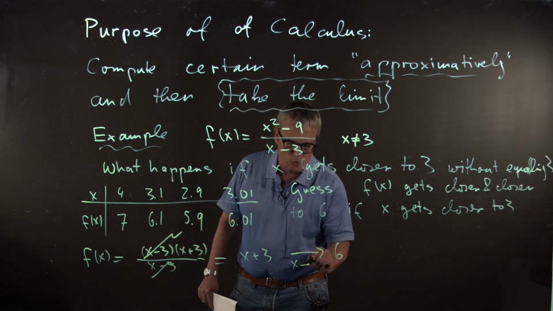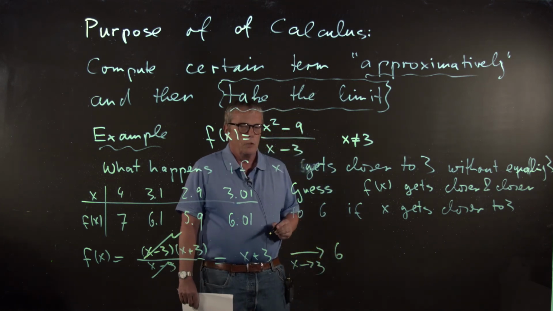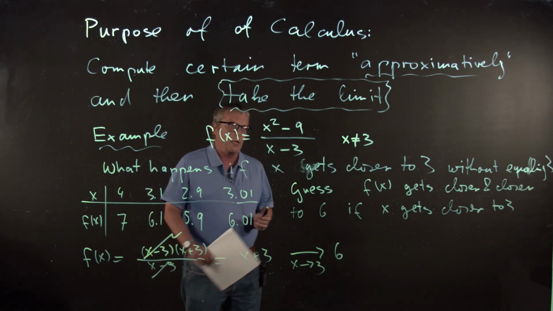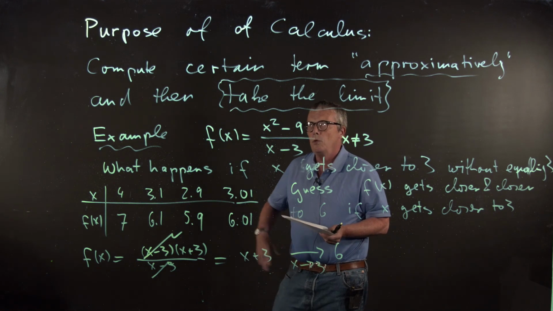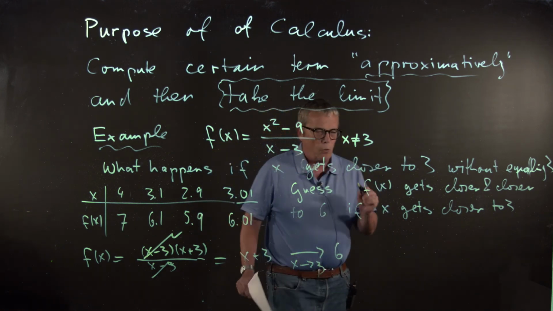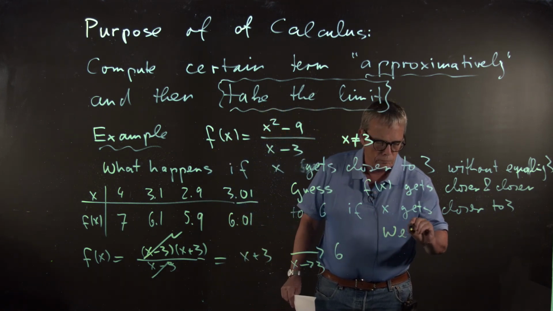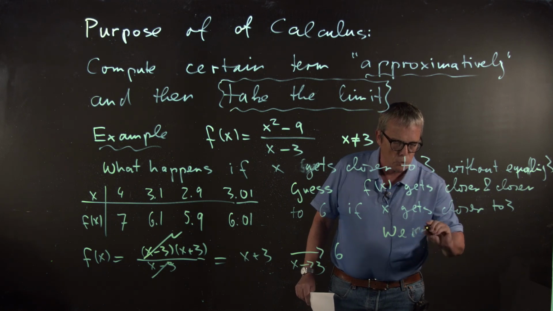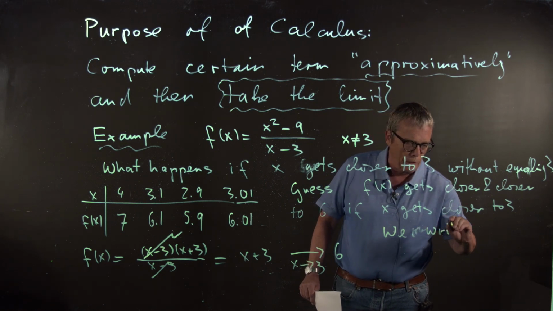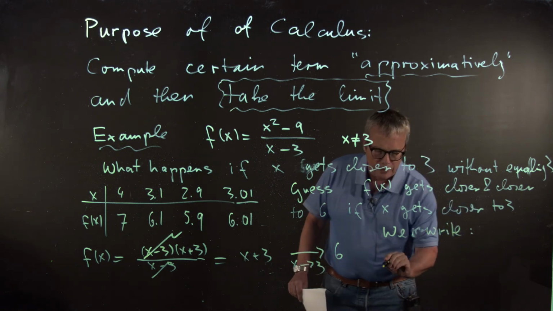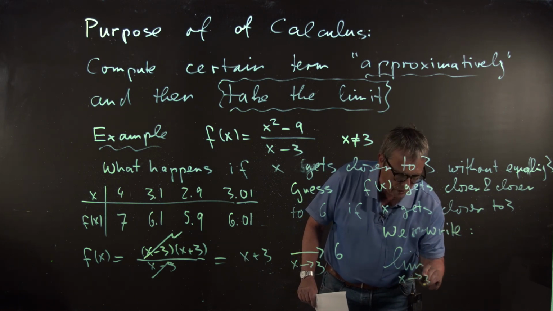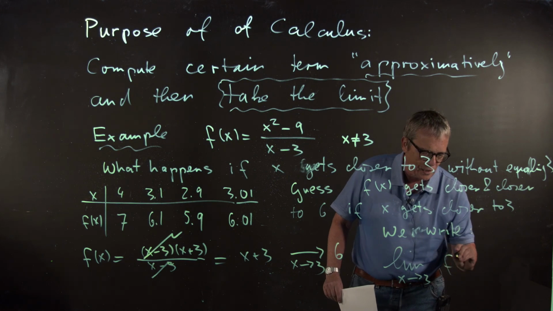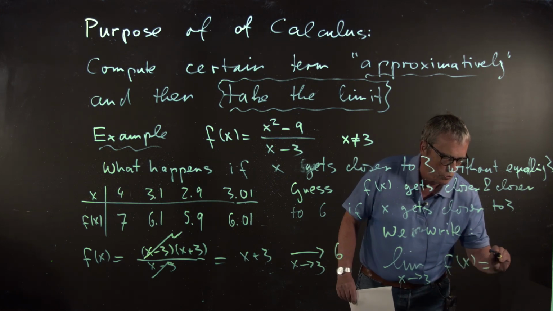So this was an easy example where we can kind of see what happens with the limit of f of x. So we write, and this will be introduced in a more formal way in the next section, that the limit of x approaching 3 of f of x equals 6 in this case.